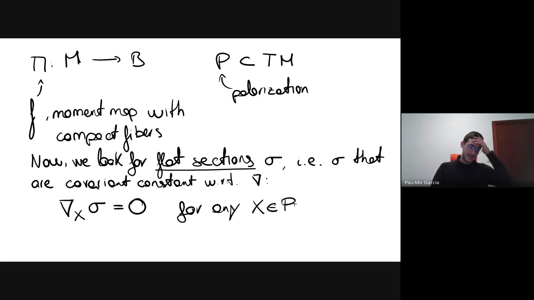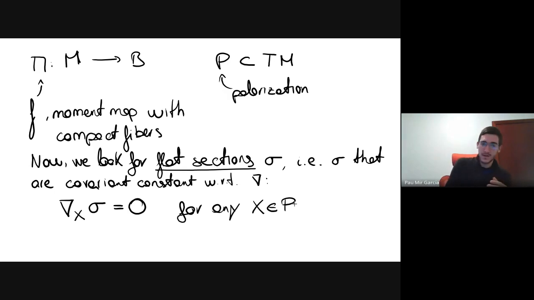So this is where we see that we need the polarization because we are considering solutions of this equation that are only tangent to the fibers of our moment map, if you can see it this way. And then among all these possible sections that are tangent to the fibers of our moment map, we're going to look for the set of sections that, apart from being tangent to these fibers, satisfy this equation, are covariant constant to this connection, whose curvature was omega.